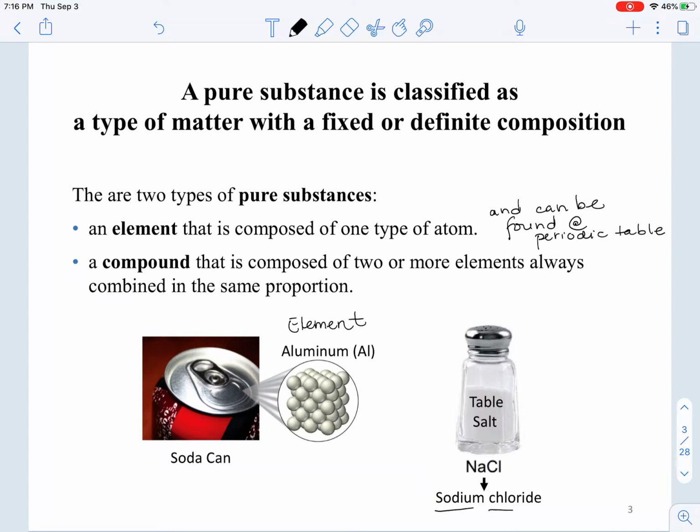Sodium, and the word chloride refers to the element chlorine. Now, understand that in compounds, these elements are chemically combined.